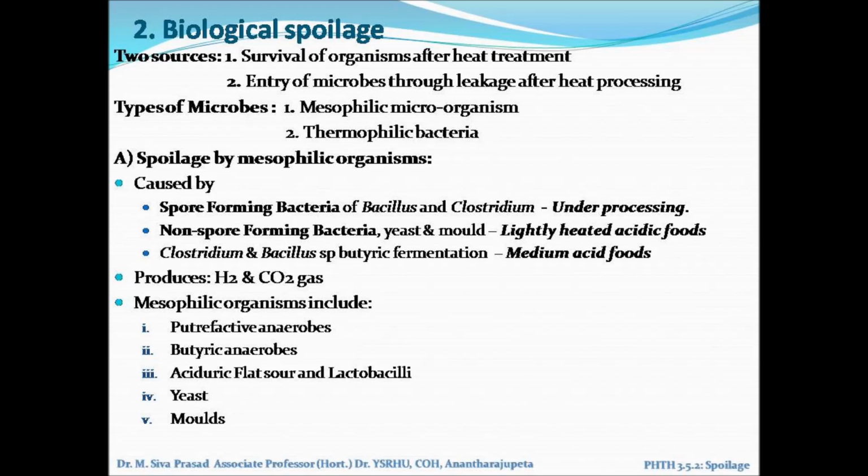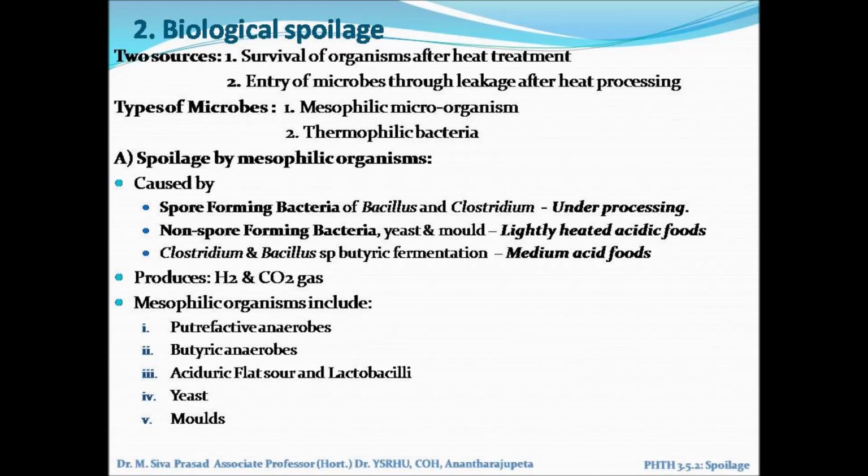That is due to under processing, or due to thinking that a particular fruit or vegetable is acidic or medium acidic in nature, which makes you think that the temperature required for processing is low. In such cases, the non-spore forming bacteria or even yeast and mold can thrive.